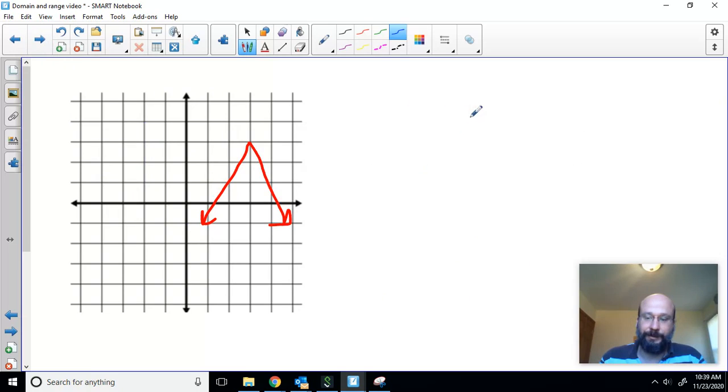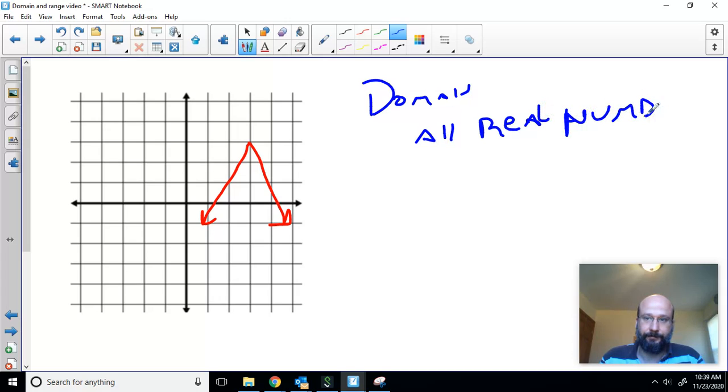Here, let's do another one. So again, on this one, you see your arrows are pointing left and your arrows pointing right. Once you see that, that's your x. So that means your domain is all real numbers. But your range, it definitely has a range. So you need to see, where is the range? Remember, range is your y.